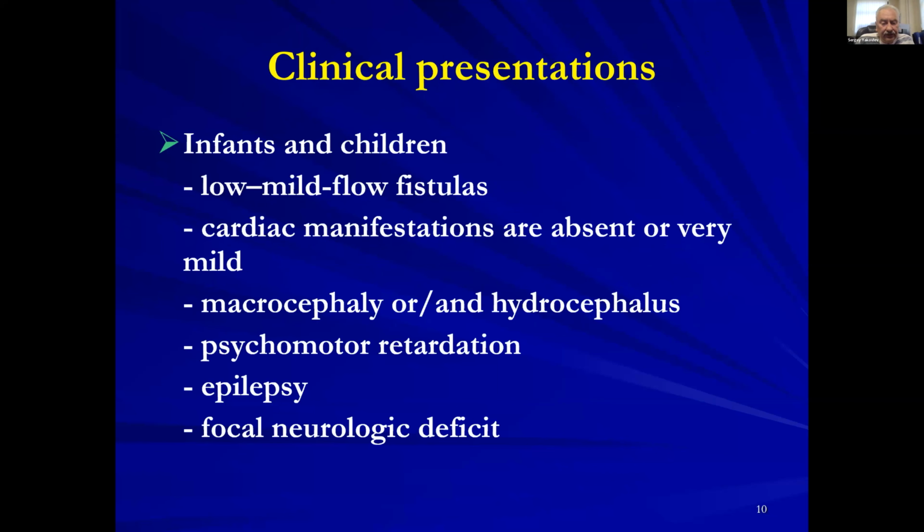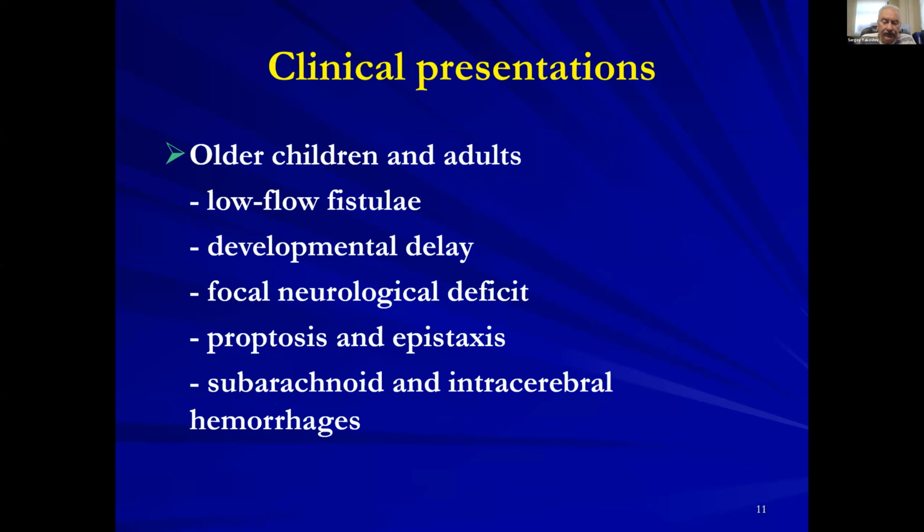The next group is infants and children, who have low and mild flow fistulas; cardiac manifestations are absent or very mild, and they present with macrocephaly and hydrocephalus, psychomotor retardation, epilepsy, and focal neurologic deficit. The last group is older children and adults, presenting low flow fistula with developmental delay, focal neurological deficit, proptosis and epistaxis, subarachnoid and intracerebral hemorrhages.